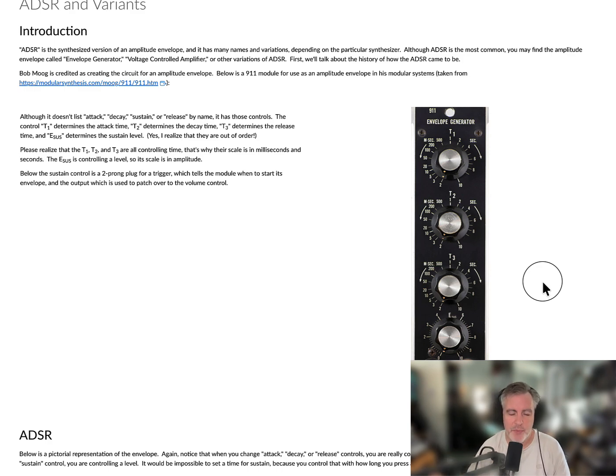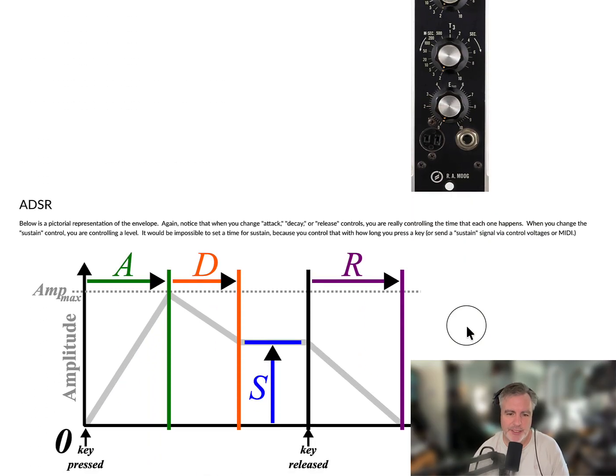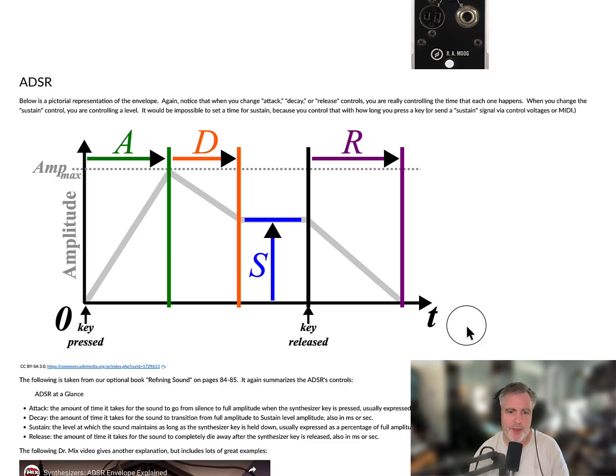This one actually modifies the sound source with this voltage, so it creates the volume over time. And so we had a few controls and then a sustain level, those are the 4 controls. And that turned into this ADSR.